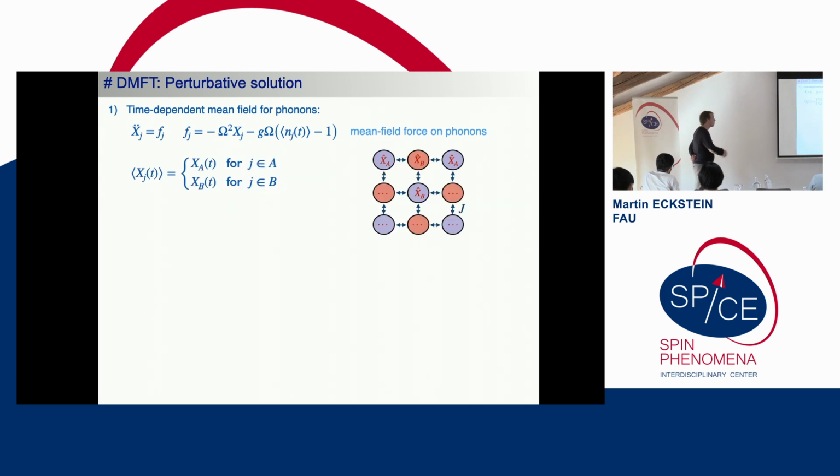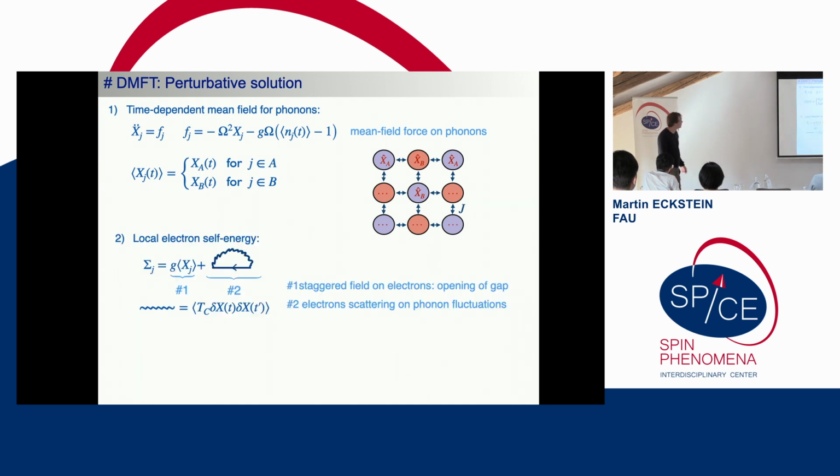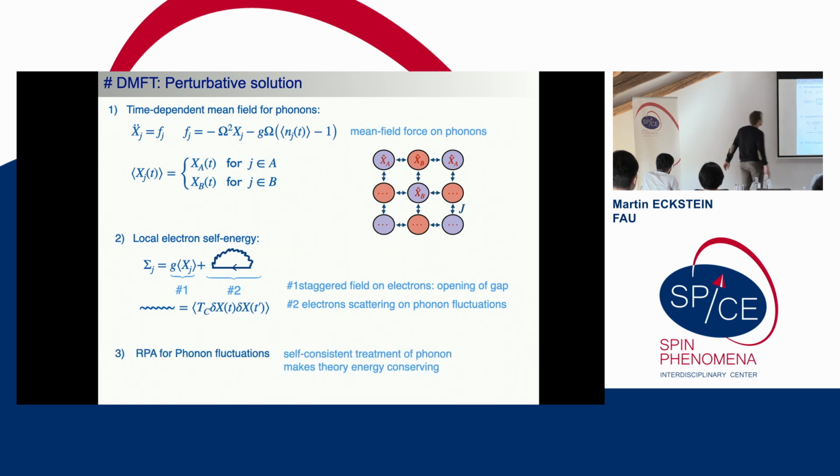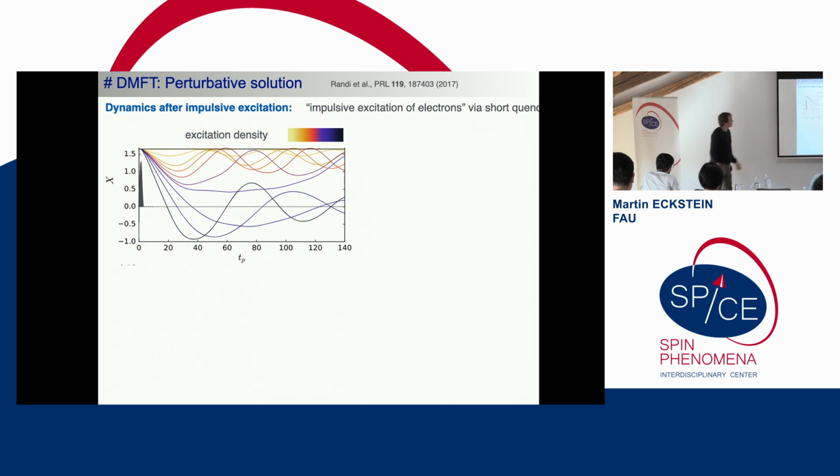Then you say, I'm just interested in the coarse-grained order parameter, so I assume that this displacement is the same on every other site. So then I have just one displacement for each, and then you add some way of describing the electronic dynamics, which I'm not going into much detail about here.